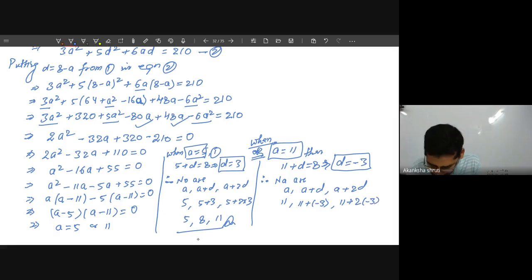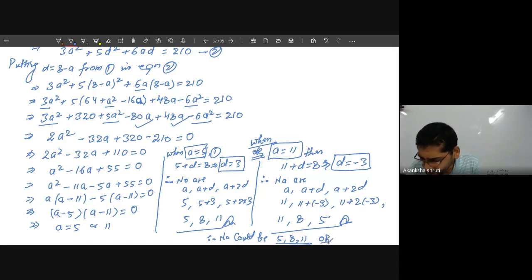So this is the same as 11 subtracting this one. 11 minus 3 is 8. 11 minus 6 is 5. What are we getting? So therefore, the numbers could be either 5, 8, 11, means this set, or the other set could be 11, 8 and 5.